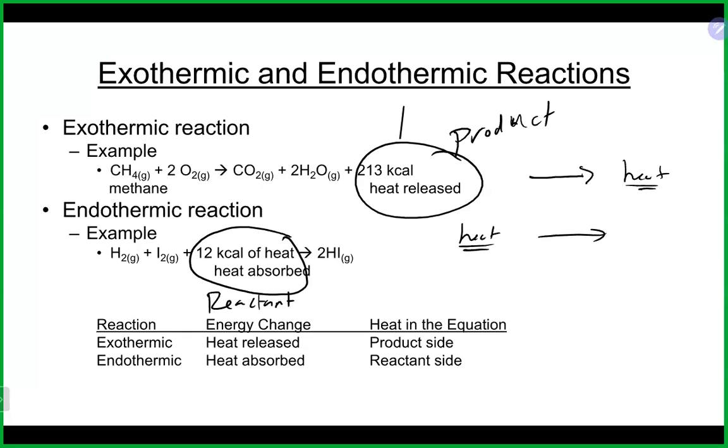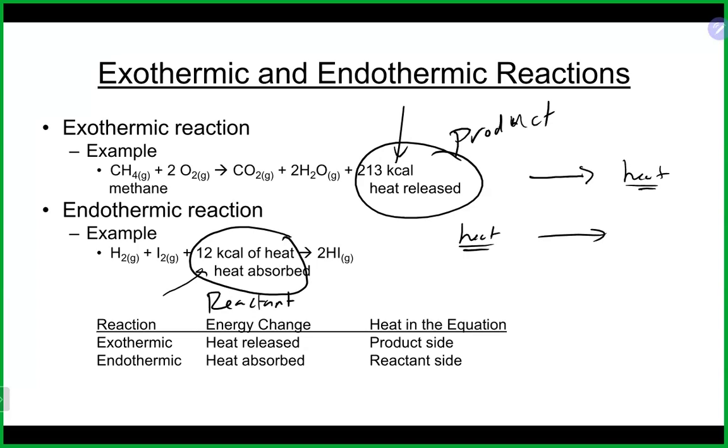Here again, kilocalories is a common unit of energy, and they actually gave us a value in this particular case. So when we have an exothermic process, heat is released, product side of the equation; endothermic, heat is absorbed, reactant side.